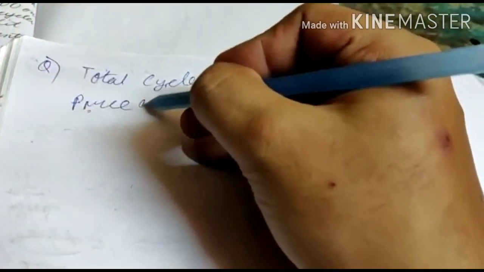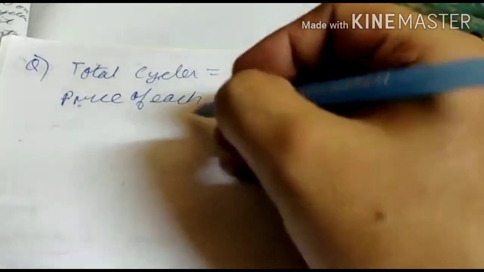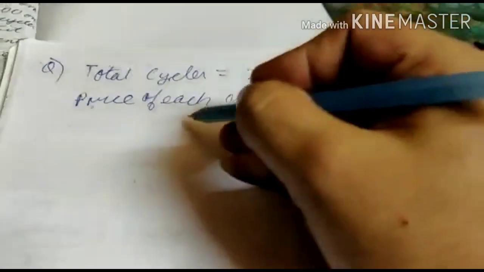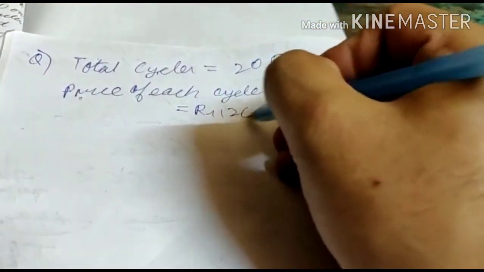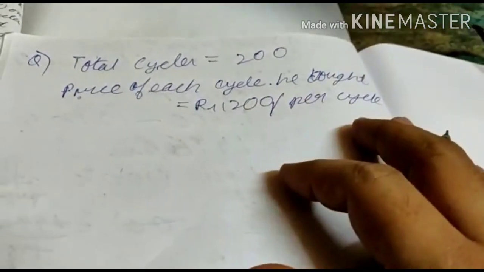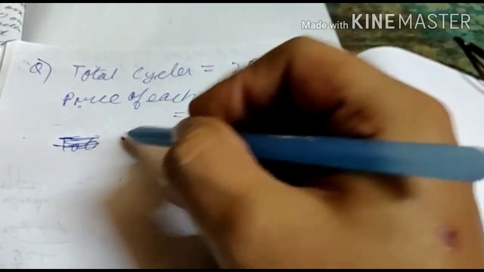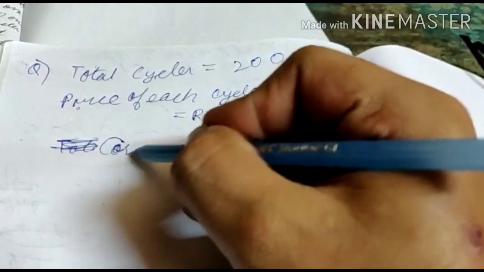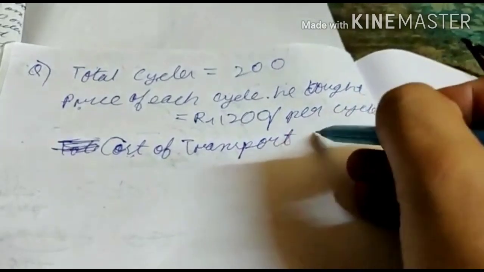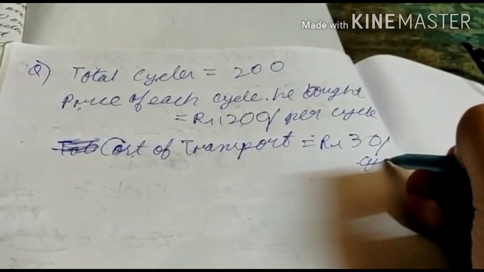Price of each cycle he bought was rupees 1200 per cycle. Then he says cost of transport is rupees 30 per cycle.